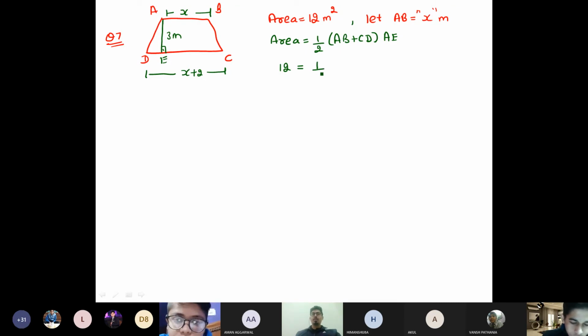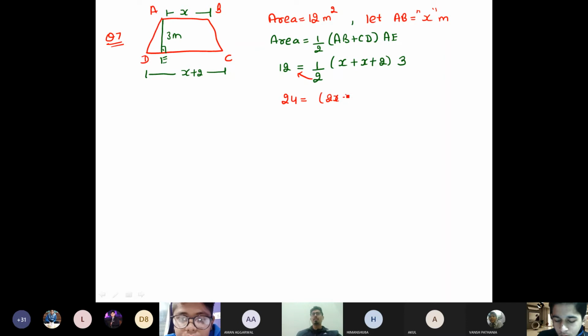Okay, now see. 1 by 2, AB is x, CD is x plus 2, and AE is 3. Now this 2 is in division, when it goes there it will be in multiplication. So this will be 24 equals 3 into 2x plus 2, where 3 stays as it is.